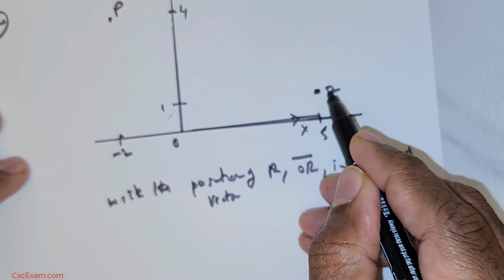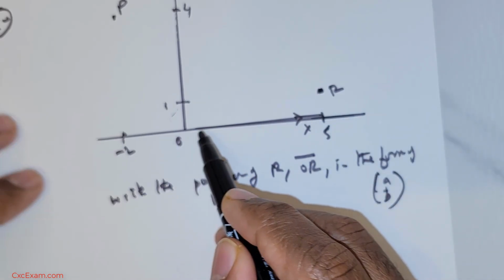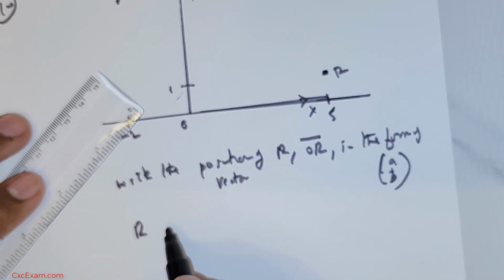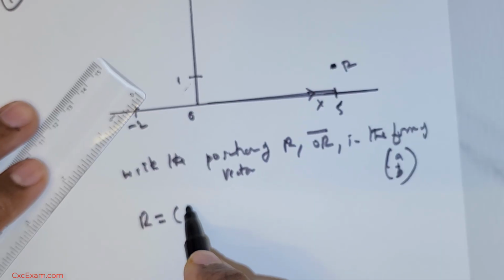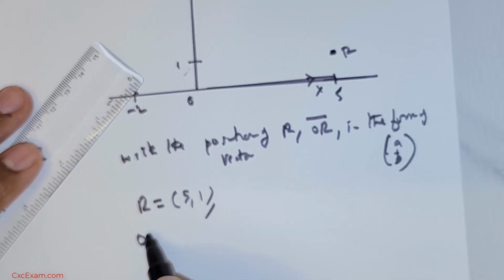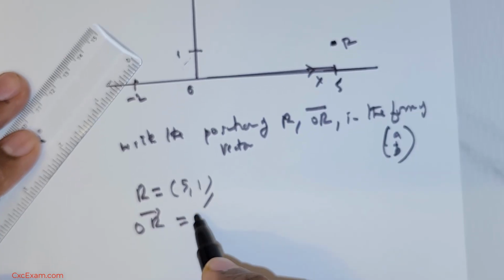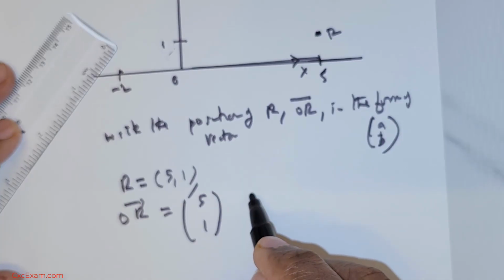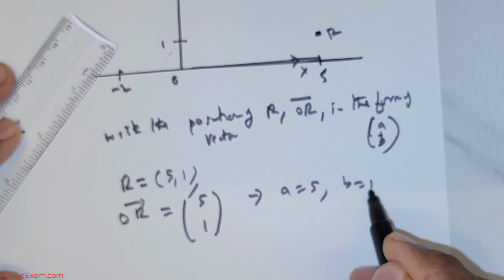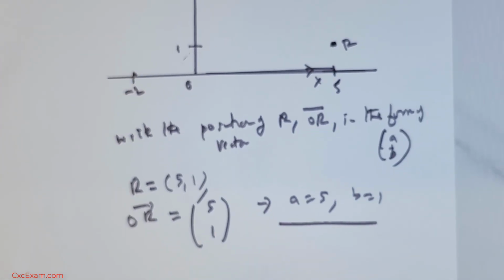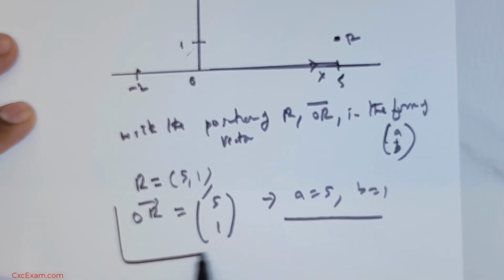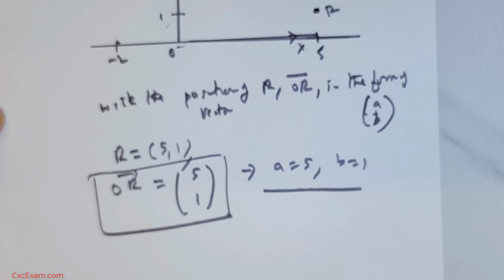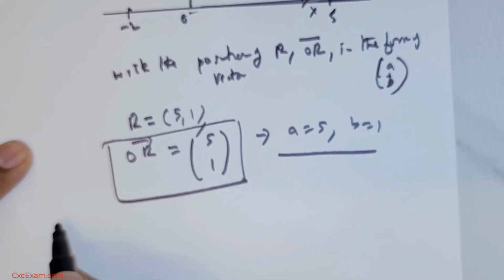So this is my R, this is my O. Okay, so the coordinate system for R is (5, 1), so I can represent it as OR = (5, 1), such that a is equal to 5 and b is equal to 1. So that is the representation. Okay, so this is exactly what they want from the origin. Okay, the position vector.